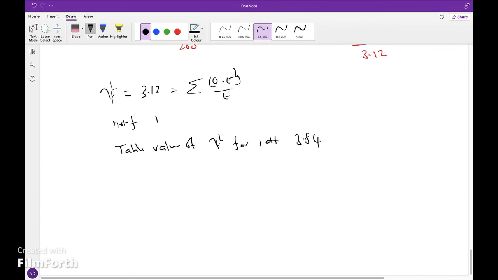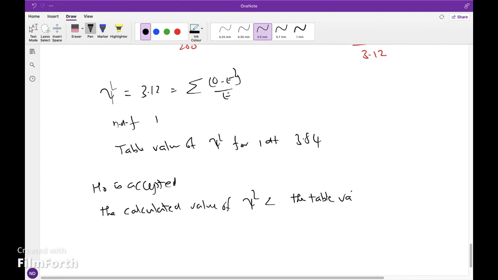So our conclusion: H0 is accepted since the calculated value of chi-squared is less than the table value of chi-squared. Hence, the vaccine is not effective.